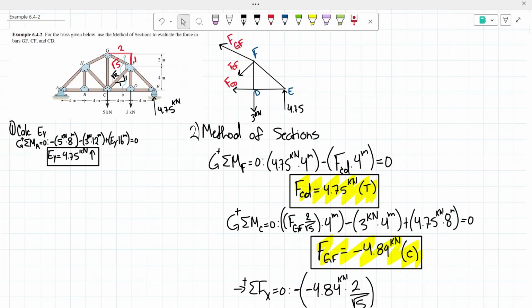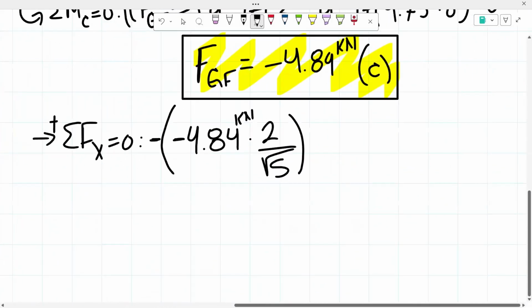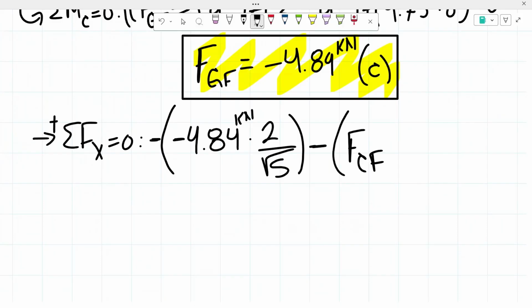So once again, a negative force of the force of the bar CF. And we know that we have to multiply that by 1 over the square root of 2 since we're dealing with the horizontal component from it.